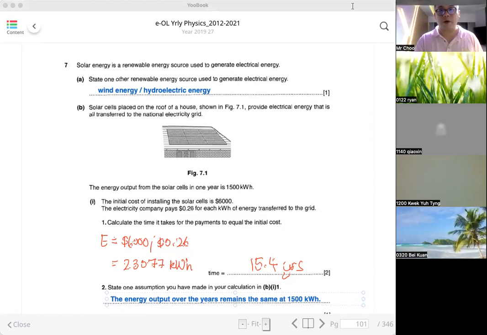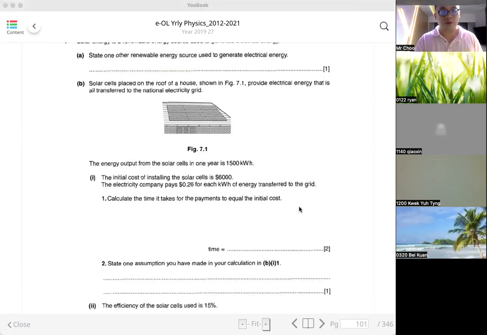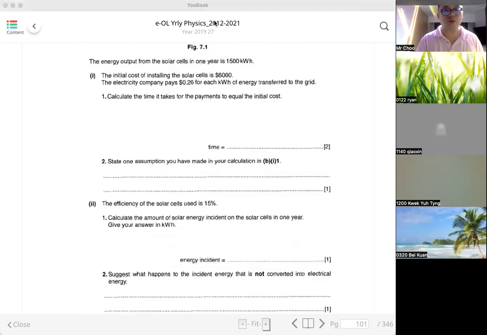Okay, let me continue. Not next page, let's do the second one. The efficiency of the solar cell used is 15%. So now can you calculate part 2? Calculate part 2 now.